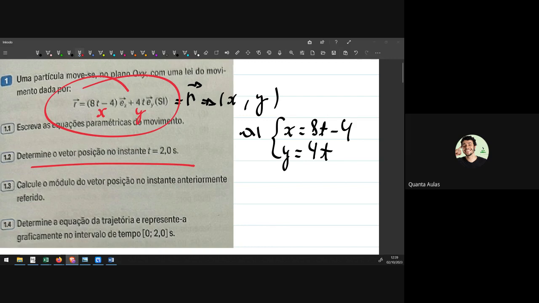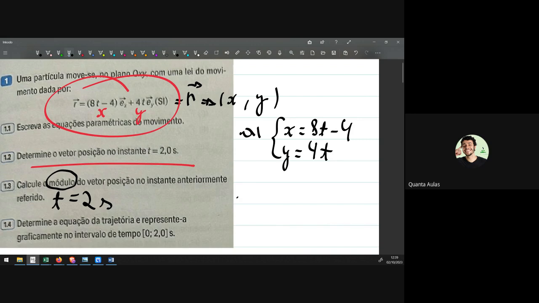Calculate the absolute value of the position vector at the instant before. Okay. So what is the instant? Is it t equals 2? But he wants to know the absolute value. Okay, the absolute value, you need to understand graphically what this is.